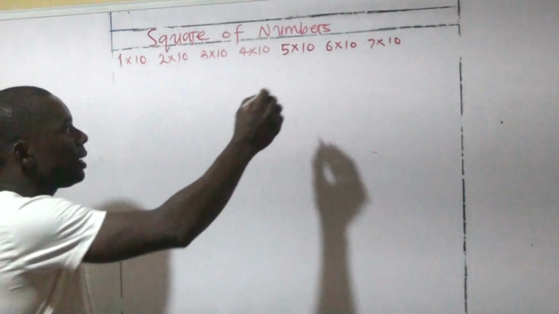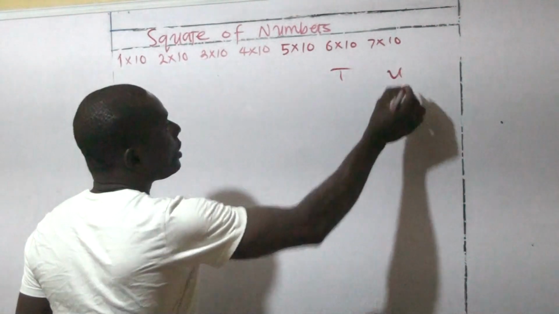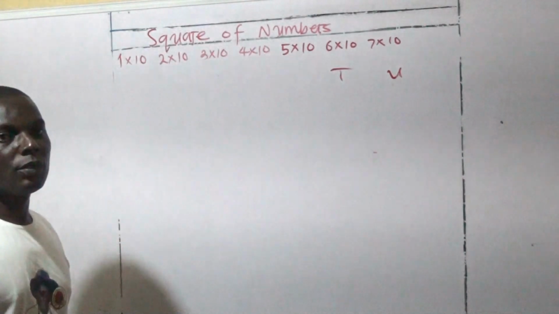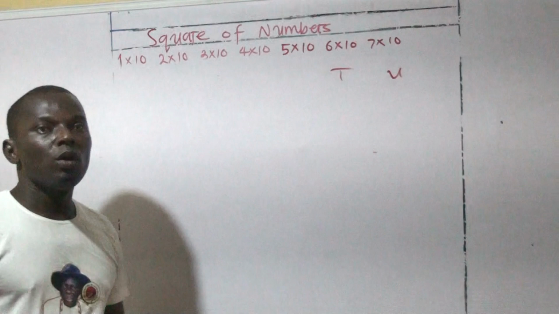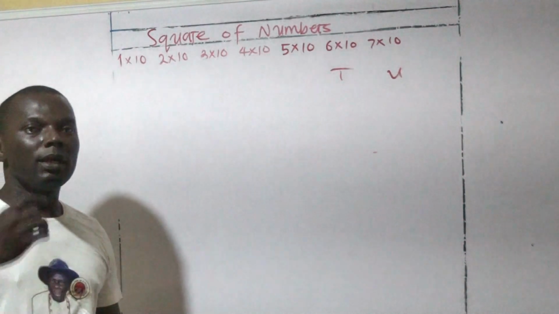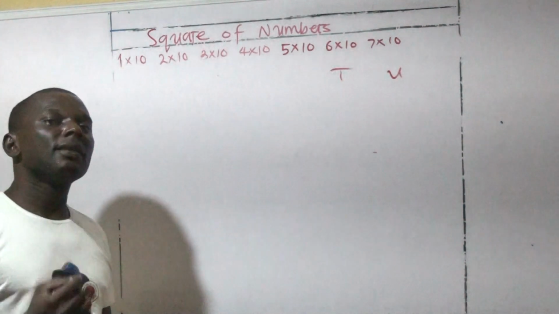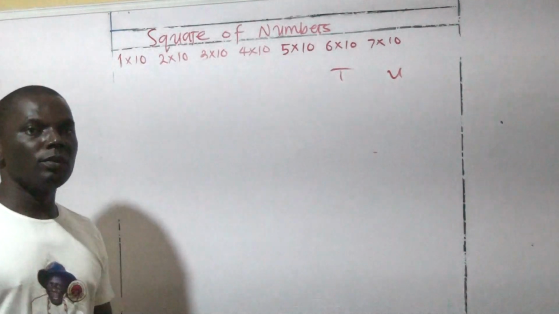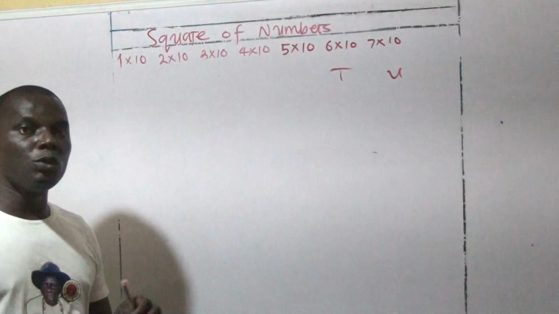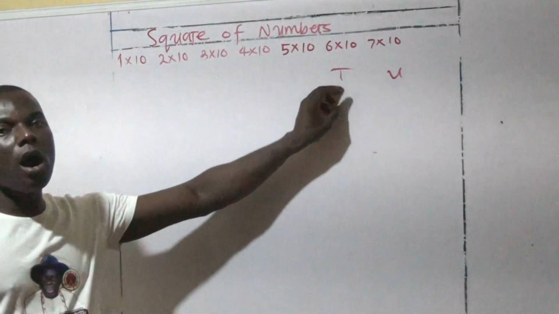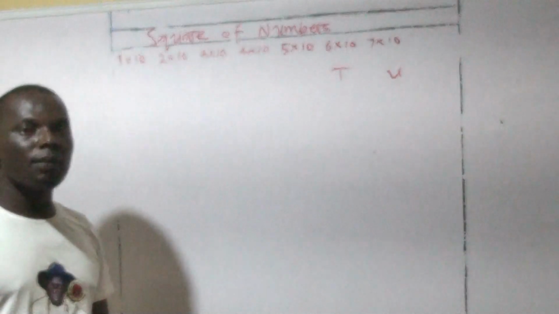So you write tens and units and you express them. Then the next step is for you to look for the unit digit and multiply by 2. That is step 2. The result obtained in step 2, you add it to the tens digit.